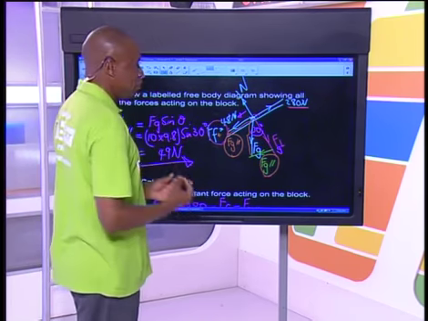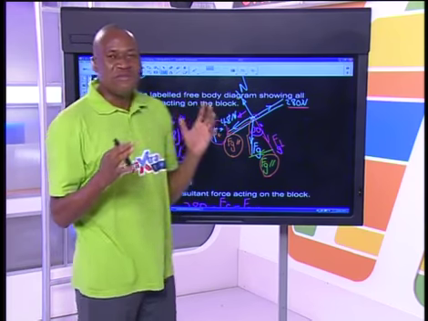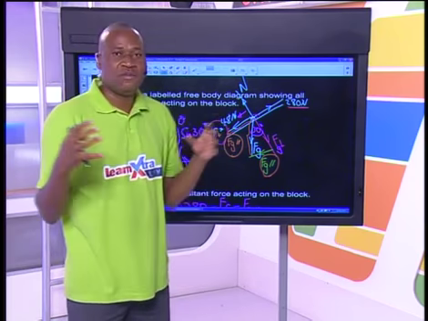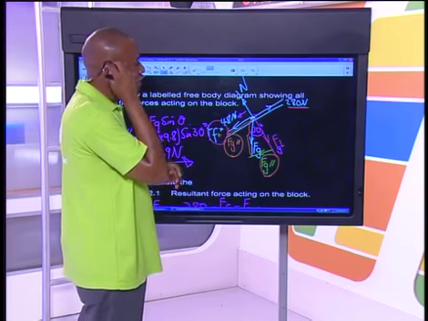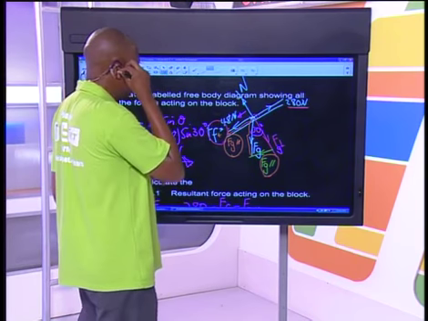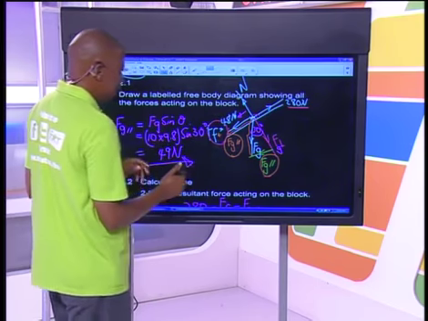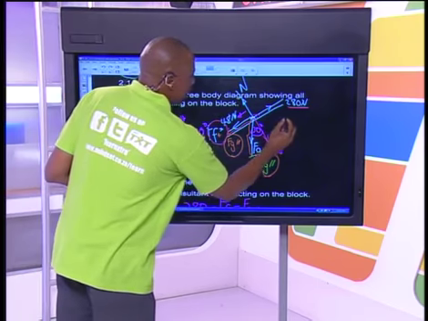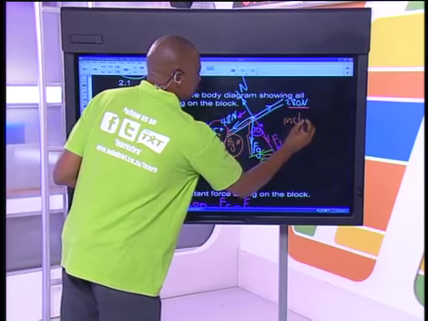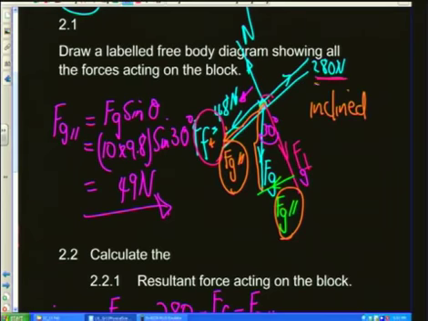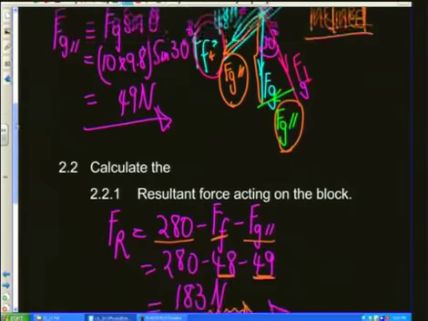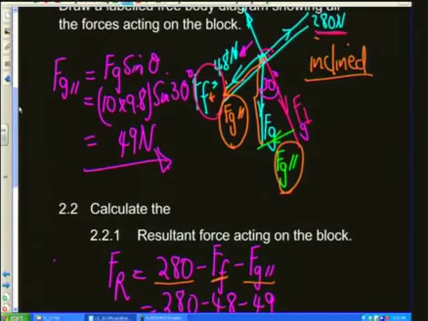You would be able to do so because they would have given you other things, perhaps the resultant of the force acting there, so that you can find the frictional force. This plane is inclined because it is at an angle to the horizontal, and therefore you can find the frictional force there. Now, how do we find it?